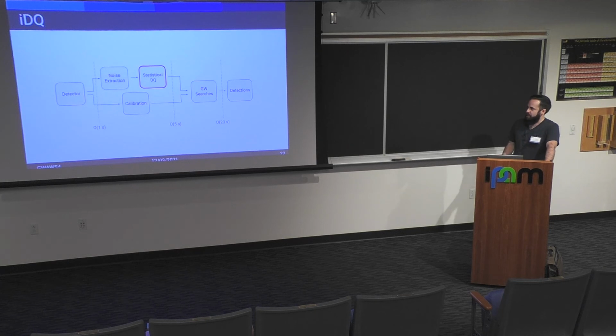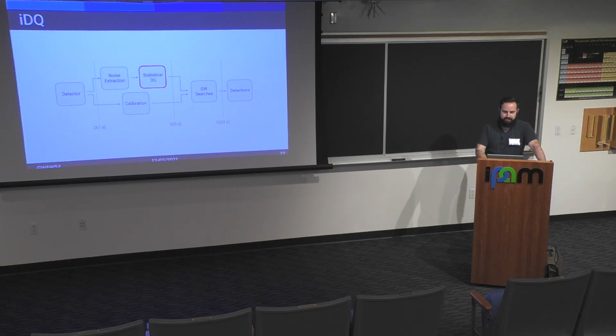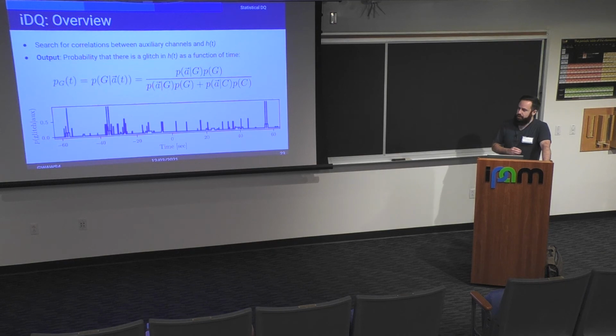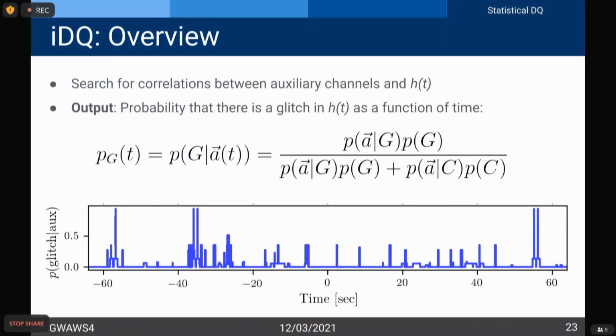All right, so now that we've extracted some of these non-stationary features from these single channels, we can start to make statistical correlations and identify noise in the strain channel. The tool we created for this is called iDQ.